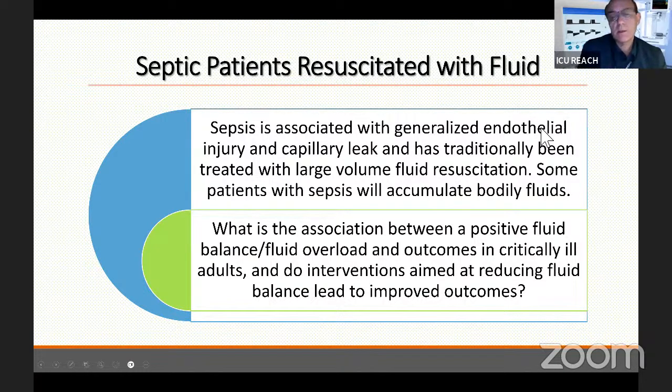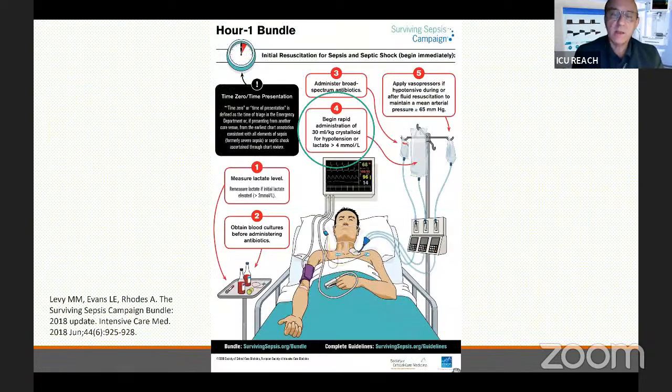As you see, based on the Surviving Sepsis guidelines, they recommend aggressive fluid resuscitation for patients with hypotension or lactic acid more than 4 millimole per liter. And they recommend 30 ml per kg.